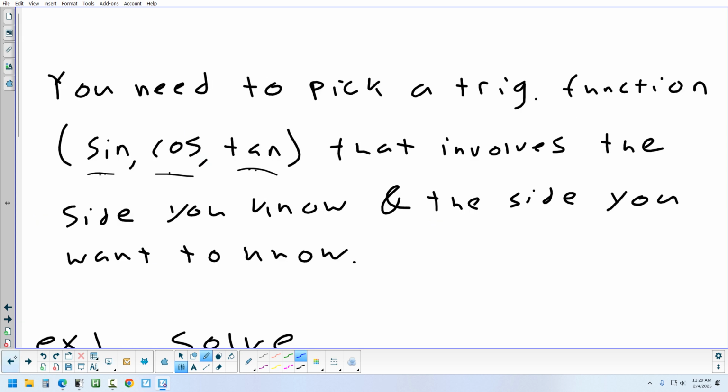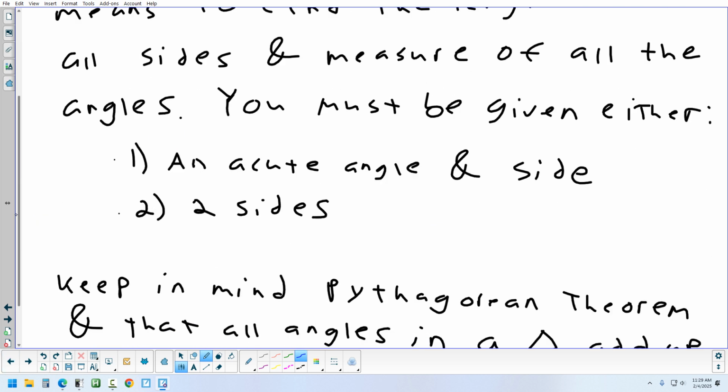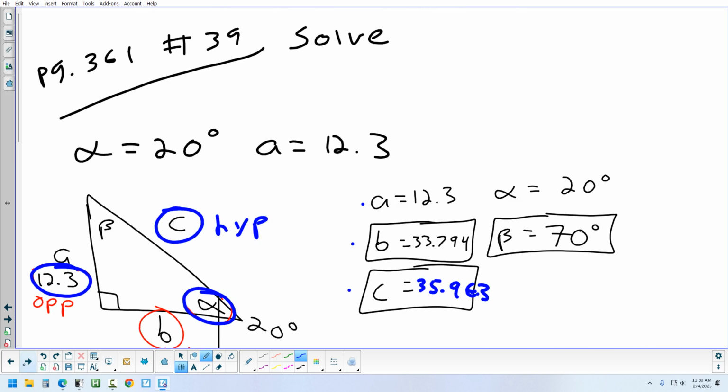So that's the case where I give you an angle and a side to start the problem. Now we're going to look at the case where you have two sides. But any questions on the first case? Okay, so the second case is a little bit different.